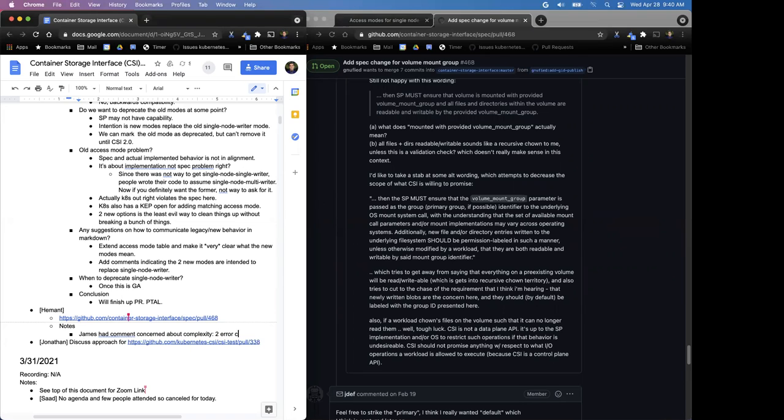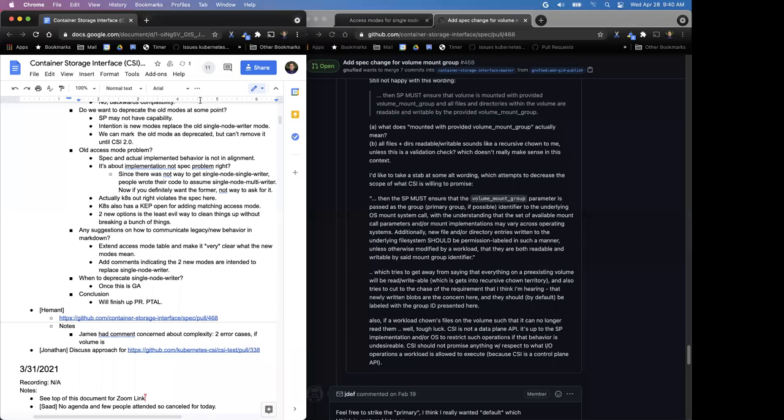There are two error cases. One is that if a volume was staged with mount group X, and then the volume is being published with mount group Y, and the driver doesn't support it, then we say this is an error, failed precondition.